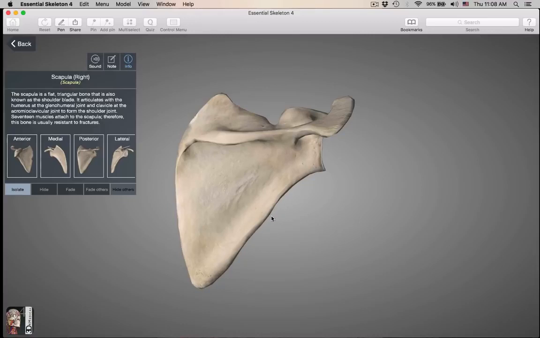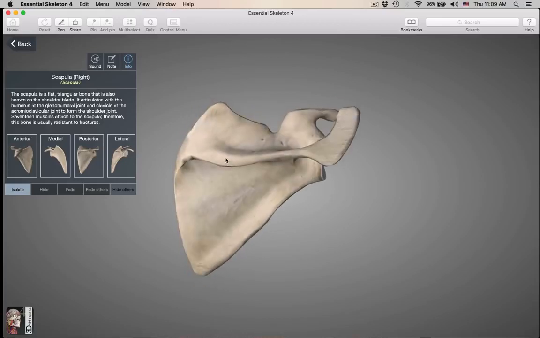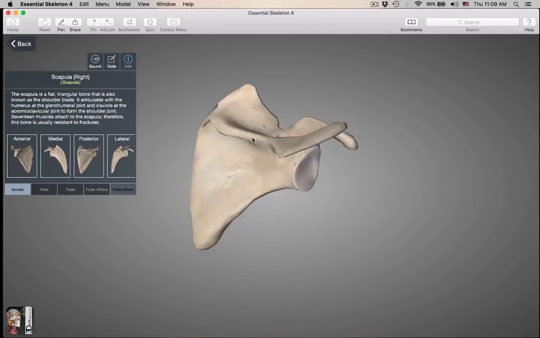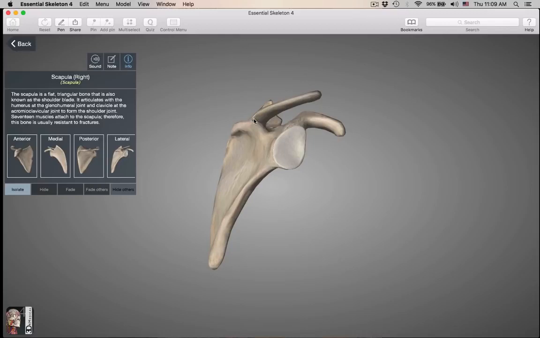This is going to be the lateral or the axillary border here. The spine of the scapula is this ridge here. The spine of the scapula will extend out to this flattened process. This is the acromion process, or just the acromion of the scapula.